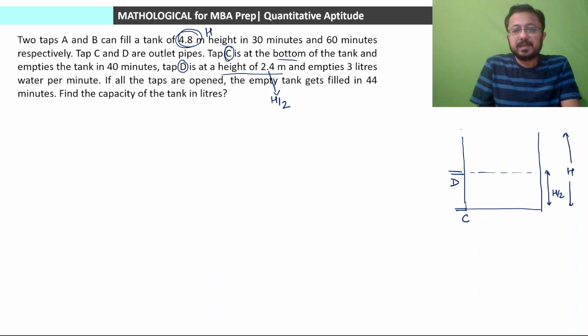And A and B are filling taps. So this is the structure. Now, why is it given that tap D is at a height of 2.4 meters?